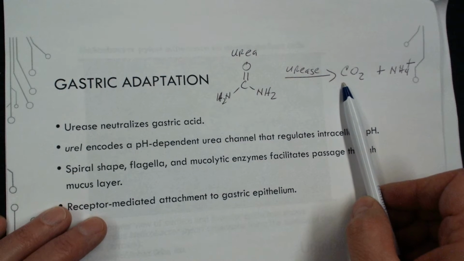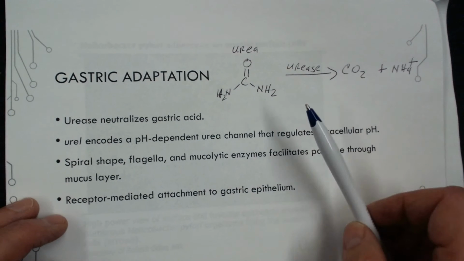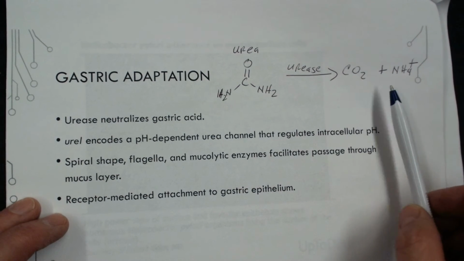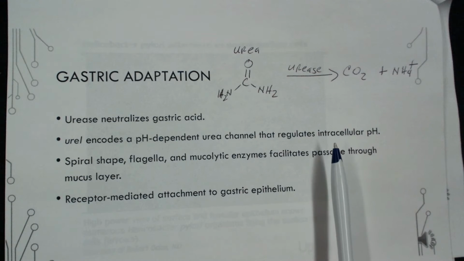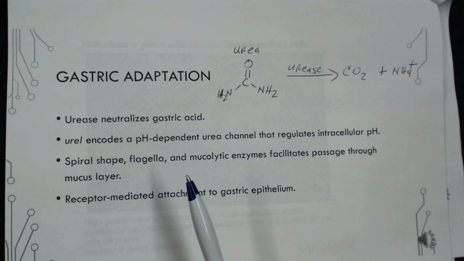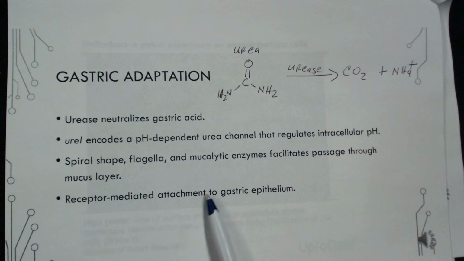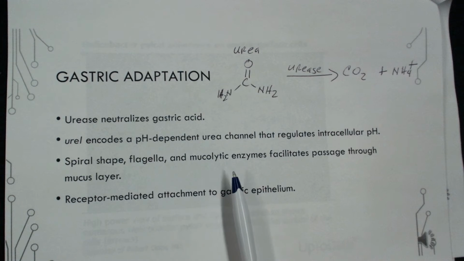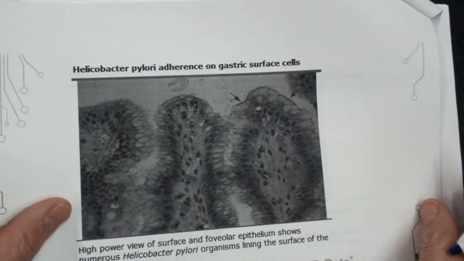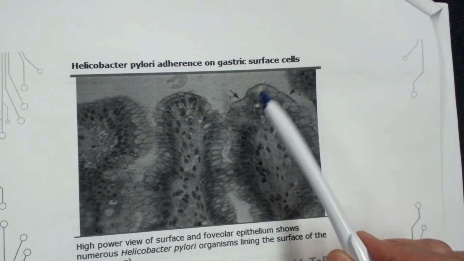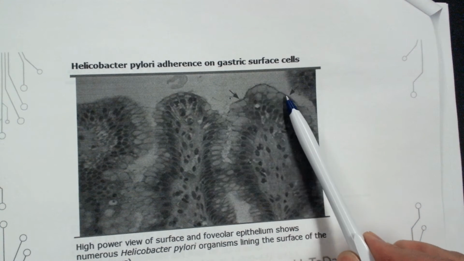All right, so this particular organism, because it uses this to neutralize stomach acid, it also has a urea channel that can regulate its own intracellular pH, and it's able to attach to gastric epithelia very effectively. It also has enzymes that degrade mucus, so it can get to the gastric epithelia. And there's a nice picture here of the organism attaching essentially to the gastric epithelia.